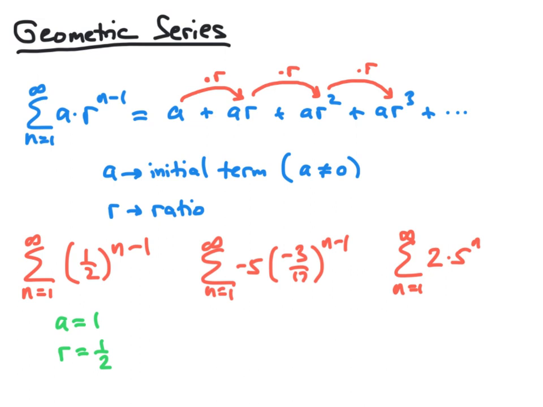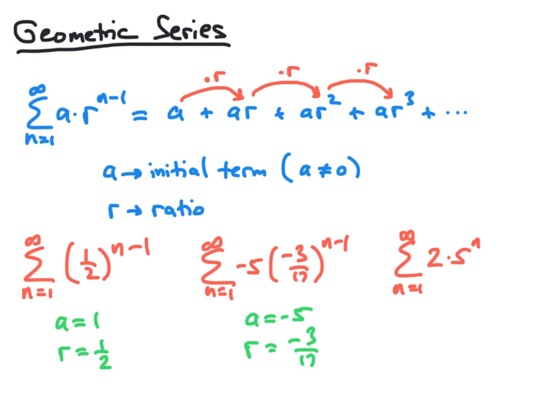So this will be a geometric series with these parameters. Our second series, we have the sum n equal 1 to infinity of -5 times -3/17 to the n minus first power. Here our initial term is -5, and our ratio is -3/17. And so both our initial term and ratio here are negative, and that is perfectly fine.